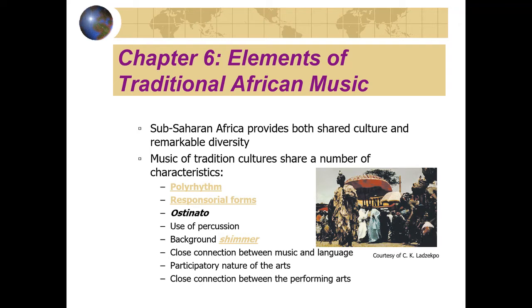The highlighted links, polyrhythm, responsorial forms, and shimmer, will be in the slides on Blackboard, and those are hyperlinks to YouTube that'll take you to some examples. The polyrhythm is a lecture by an African master drummer about how polyrhythm works, especially in the Ewe culture. The responsorial forms show some school children from Ghana or Kenya, one of the two, singing in a responsorial fashion.